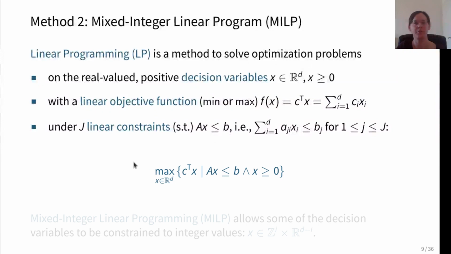So in total, we can very briefly summarize what a linear programming system is. It's a maximization or minimization problem that maximizes over all decision variables x in this d-dimensional real space the linear function c^T x. T simply means we are transposing this vector, so it's an inner product. And this is under the constraint that some matrix A times my decision variables is below some bounds b, and all the decision variables are positive.